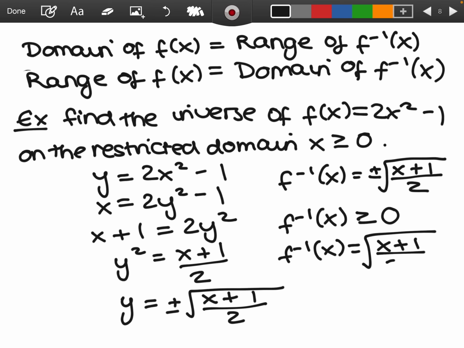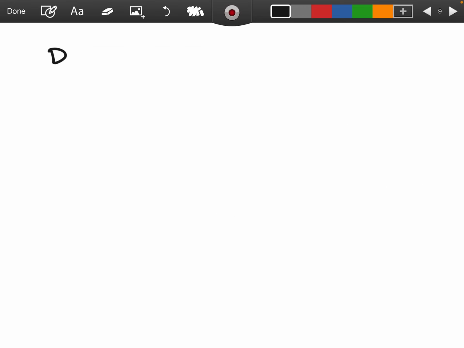It tells me now that I do not have to consider the negative part of that particular function. Okay, I don't have to worry about this negative here because I know that my range is 0 to infinity.